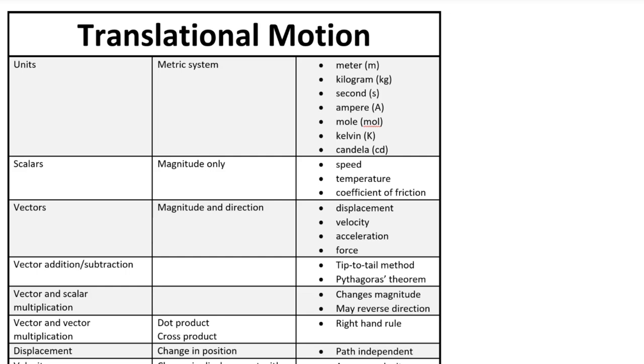I then moved on to talk about various types of vectors. For example, displacement, which is the vector equivalent of distance, but does not care about the path taken. It is path independent. Remember, if you travel along a messy curve, the distance is equal to the length of that messy curve, but the displacement is simply the distance between your starting and end points.